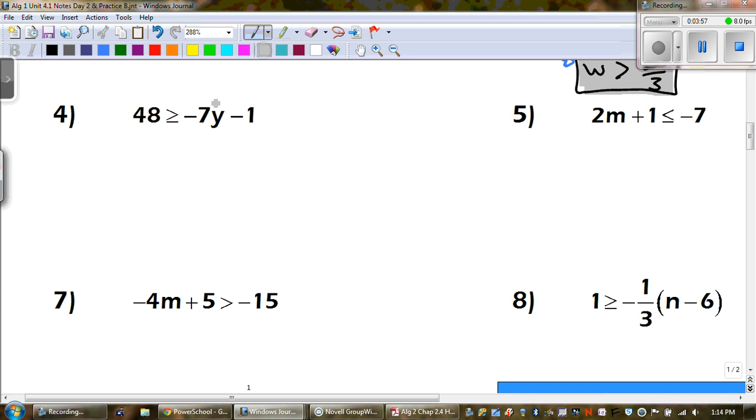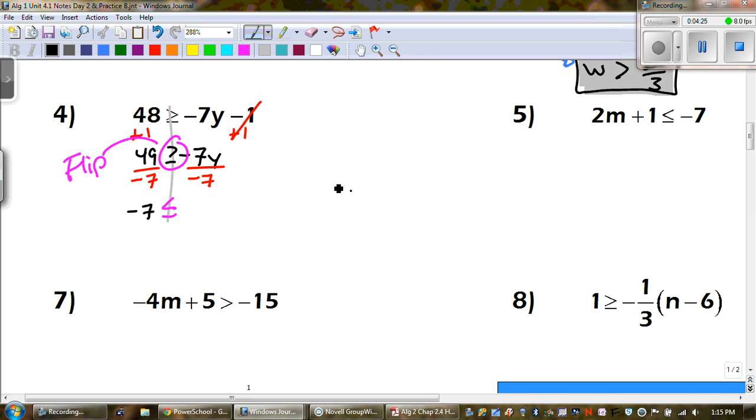Number 4. We have to add 1 to both sides. And we get 49 is greater than or equal to negative 7y. To get the y by itself, we're dividing by a negative 7, which means we have to flip the sign. 49 divided by negative 7 is negative 7, and y.